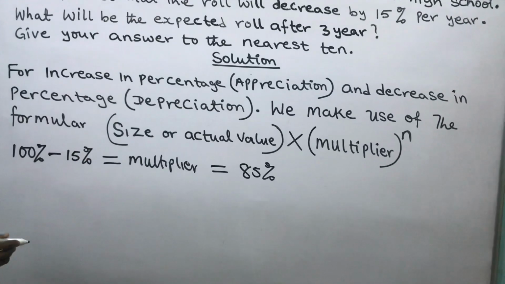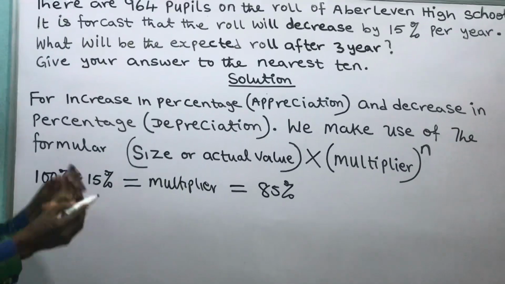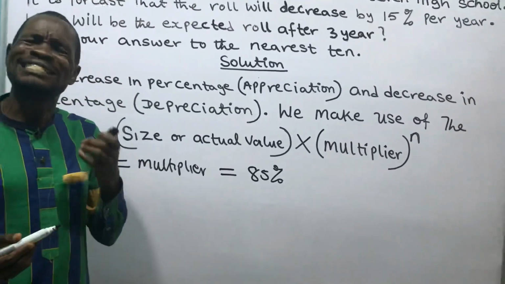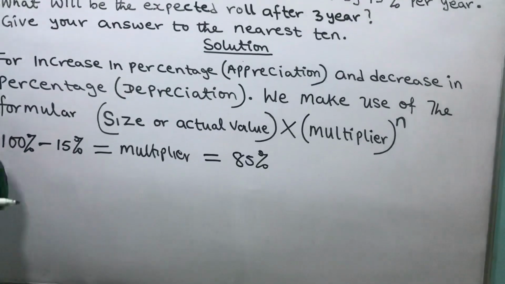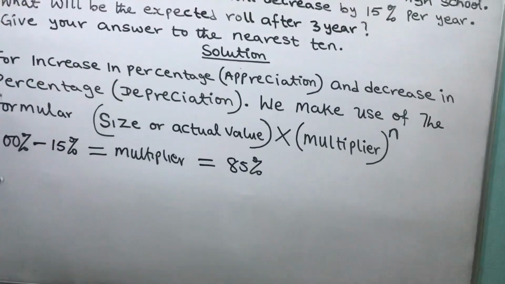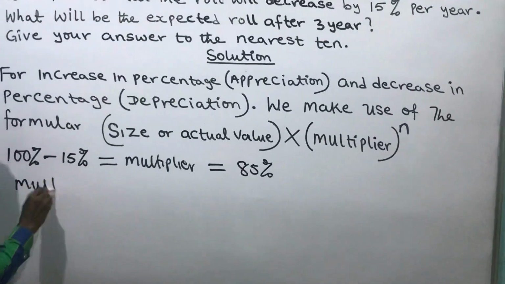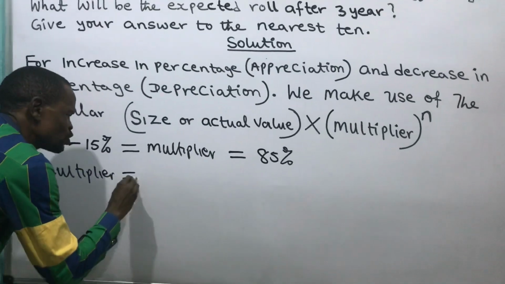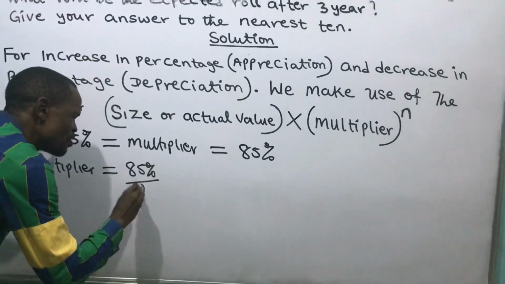Now that I have my multiplier, I'm going to convert it to an ordinary number, a decimal fraction. My multiplier equals 85% divided by 100, which gives 0.85.